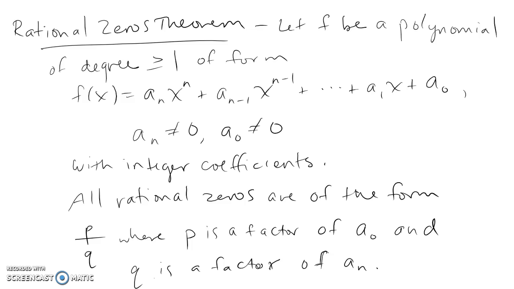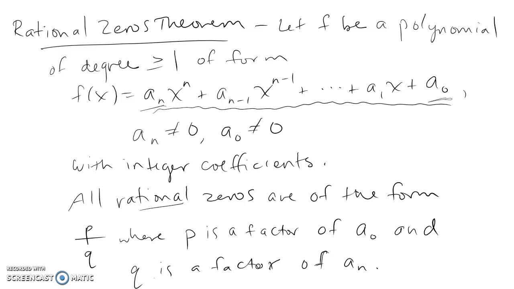It says that if f is a polynomial of degree greater than 1 of the form, remember our friend, a sub n x to the n plus a sub n minus 1 times x to the n minus 1 plus ... plus a1x plus a sub 0, where a sub n is not 0, the first coefficient, and a sub 0 is not 0, with all integer coefficients.